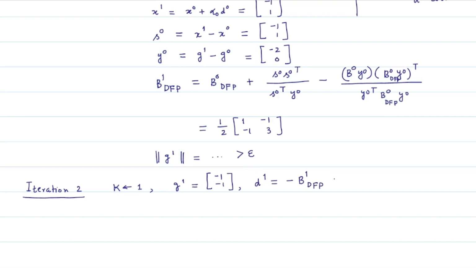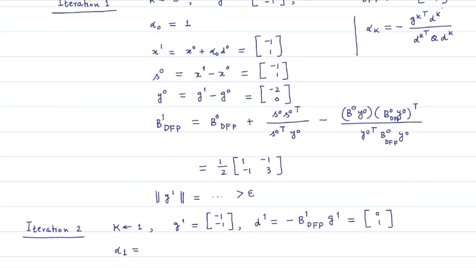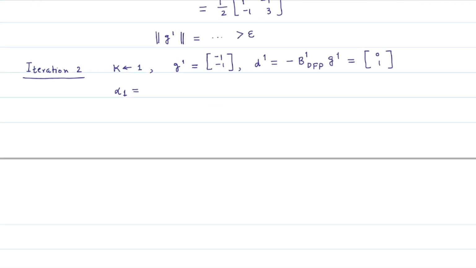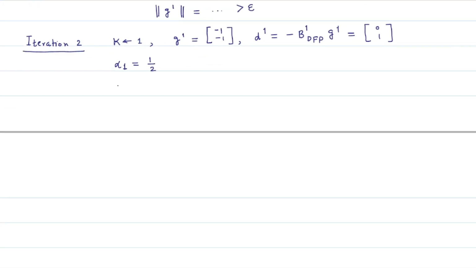Here d1 is given by B1 DFP times the negative gradient, which is the vector (0, 1). So for computing alpha 1 by the formula that I wrote over here, you will find that alpha 1 is given by half, and hence the next iterative point x2, which is given by x1 plus alpha 1 d1, is equal to (-1, 3/2).